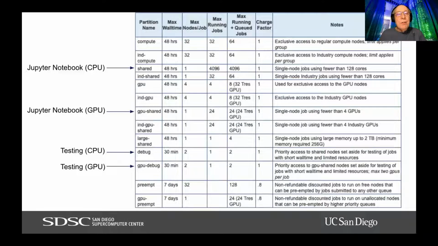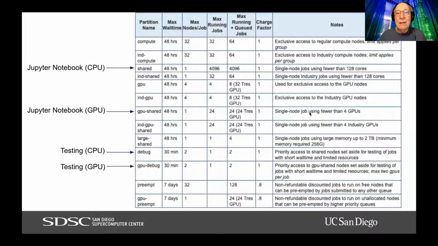When you run jobs on Expanse, you need to choose a partition. Here are a number of partitions, and I highlight a few that are useful for running Jupyter Notebooks. If you run a Jupyter Notebook on CPU, you generally want to use the shared partition. That means you're running a job with fewer than 128 cores on a single node. So that's a good one to run Jupyter Notebooks on. And if you use a Jupyter Notebook with GPU, the GPU shared partition is a good one.